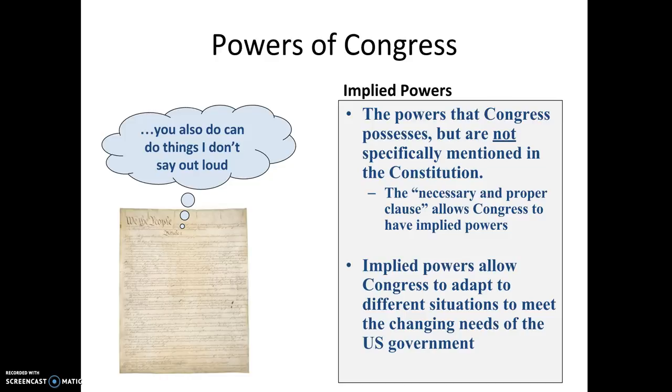So this gives Congress a little bit of leeway and an ability to adapt to a new situation, or something that's not specifically mentioned in the Constitution. So think about any kind of modern or real world situation where you might have to adapt or solve a problem. Chances are Congress is exercising some kind of implied power when they approach solving that situation.